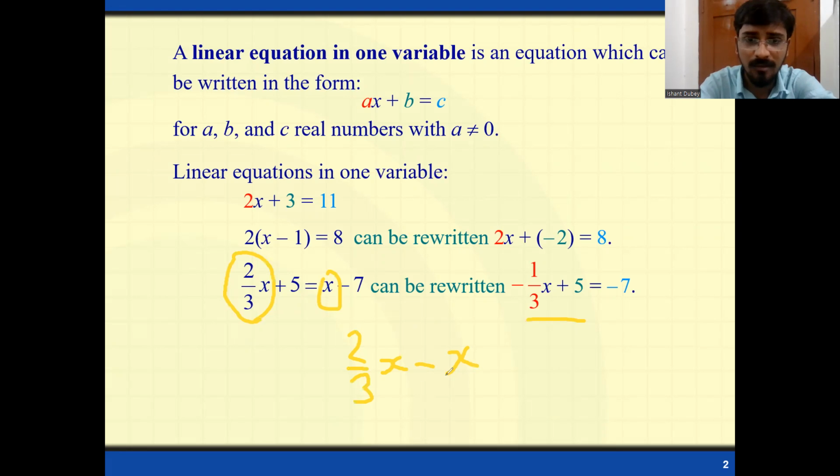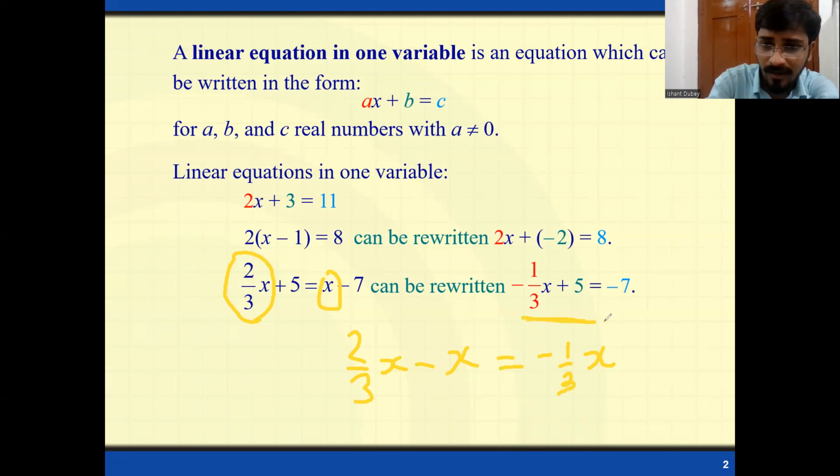Now if you solve this, we get minus 1 by 3 x. That is what is written here: minus 1 by 3 x plus 5 equals minus 7. So we have simplified the linear equation.